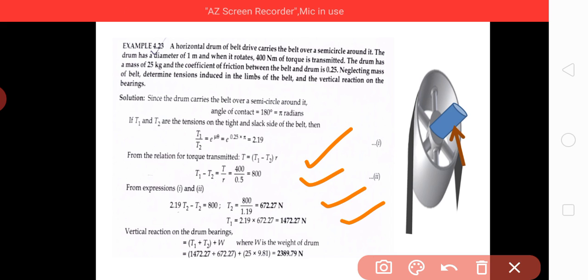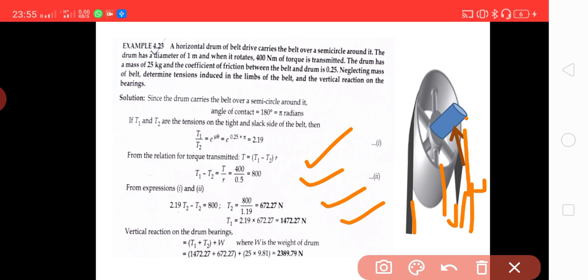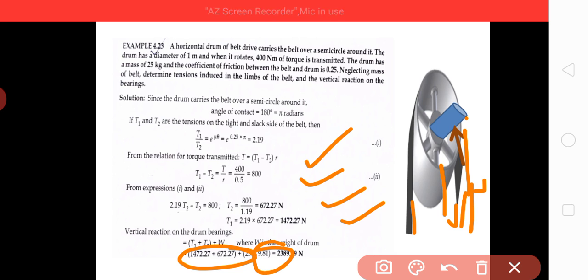Vertical reaction on the drum bearing, how much will it be? This is the bearing here. It is usually the net tension here plus the weight of the drum. The weight of the drum is given, 25 kg into 9.81. This is the total tension. This is T1 and this is T2.